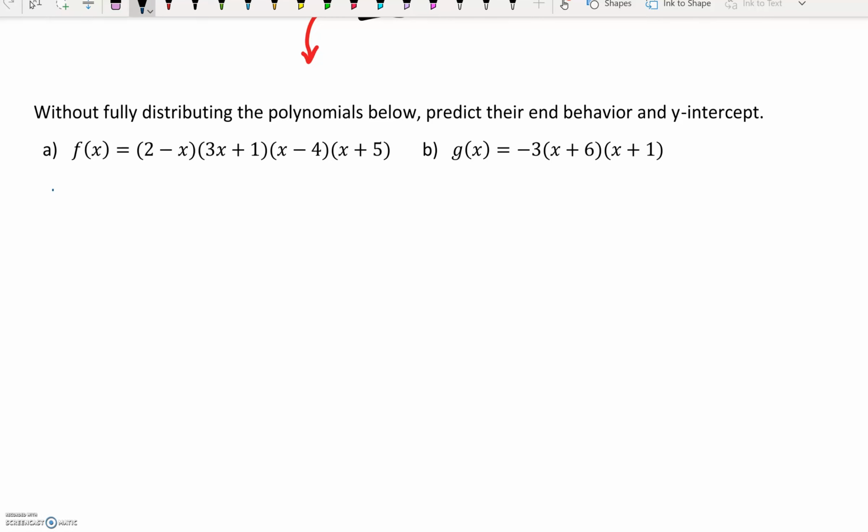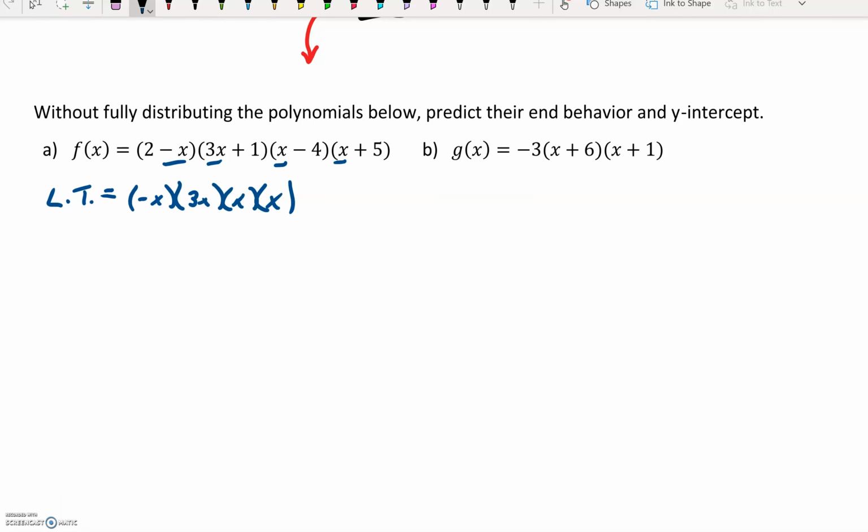So first we need to find the leading term. Remembering that the leading term happens when I multiply all of the x values as well as any constant factor. So all of my x values here, I have negative x times 3x times x times x.